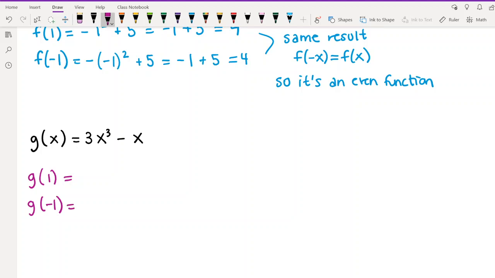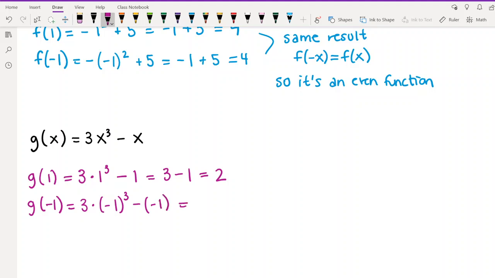Okay, so what do we get when we plug in 1? Well, we get 3 times 1 cubed minus 1. And so that's going to be 3 minus 1, and that's 2. Now, what do we get when we plug in -1? Well, we get 3 times -1 cubed minus -1.